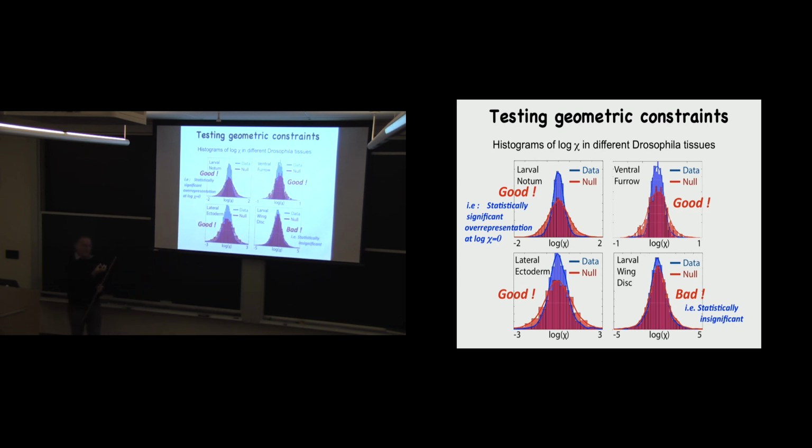So there is something in that rather noisy data that suggests that there is an underlying constraint. And lest you think that this is always true, I will tell you that it is true in some tissues, but not so true in other tissues.